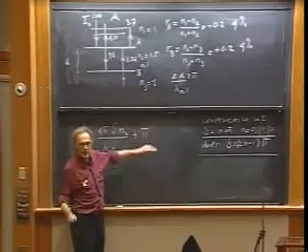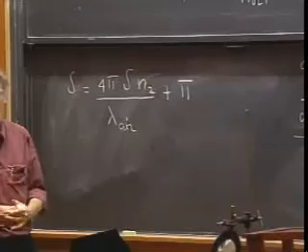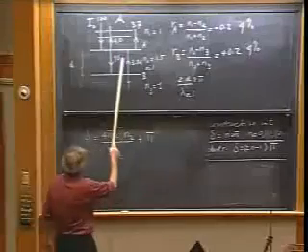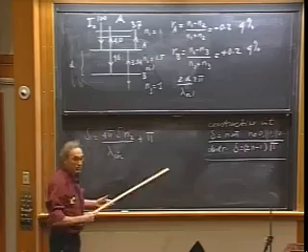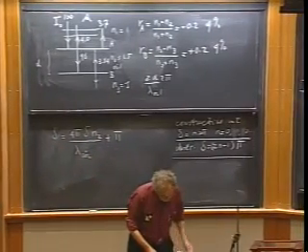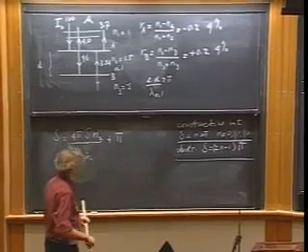The rest would remain the same. So don't think of this as a universal equation. There's no such thing. So this pi is the result of the fact that here N2 is larger than N1, but that here N3 is smaller than N2. That's why you get only pi. So now we are in business.